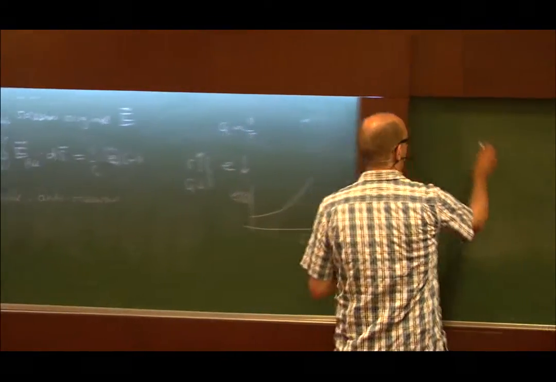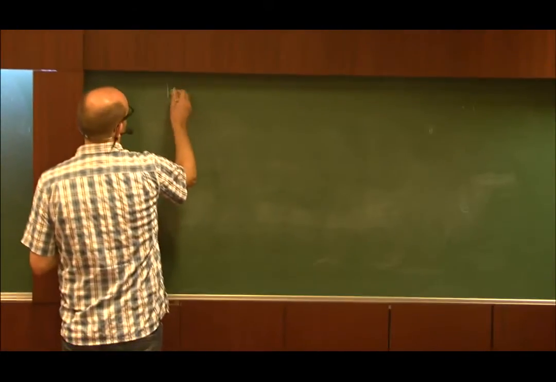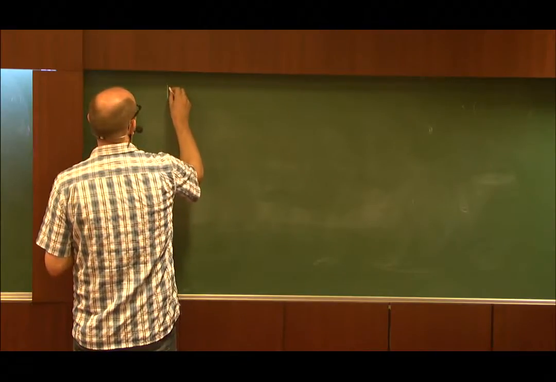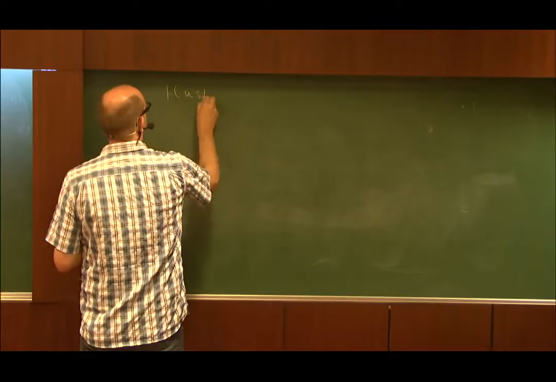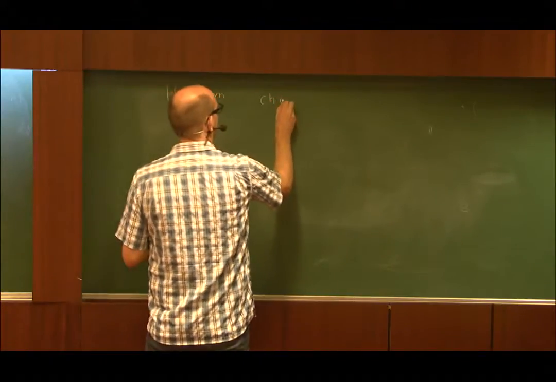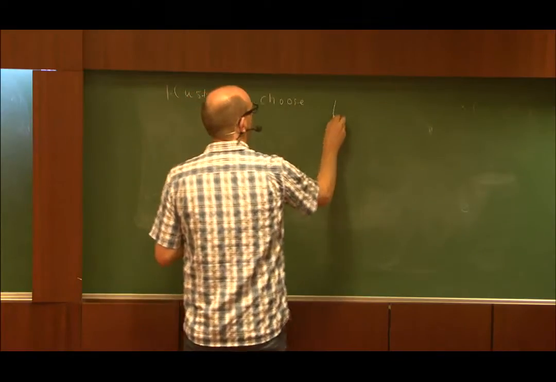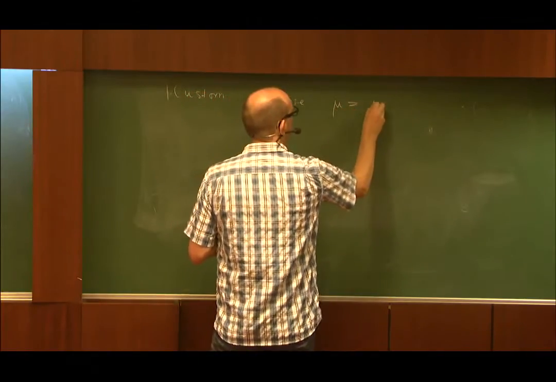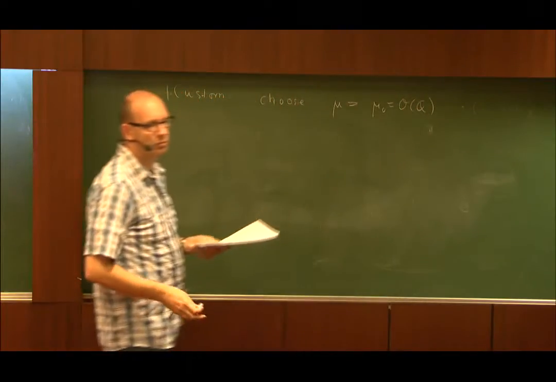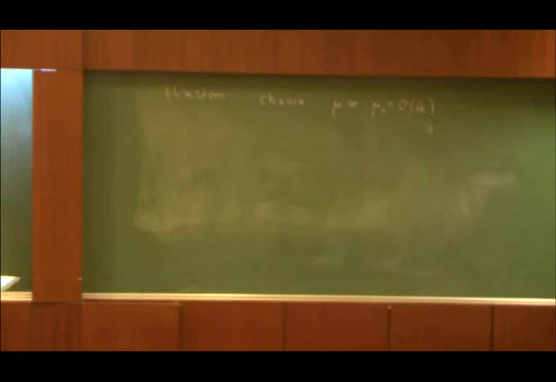So, I won't even say a recipe, custom is to choose mu equal to mu naught, which is of order Q. It could be Q itself or a little bit different.